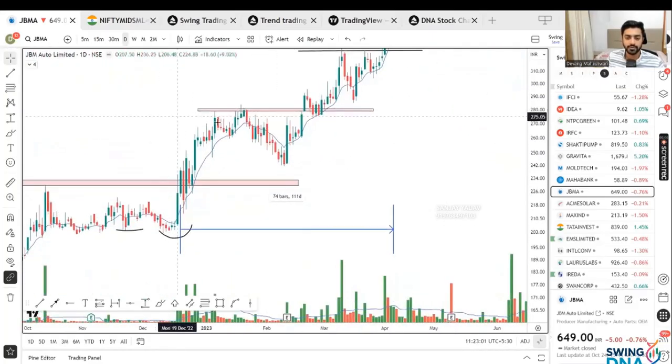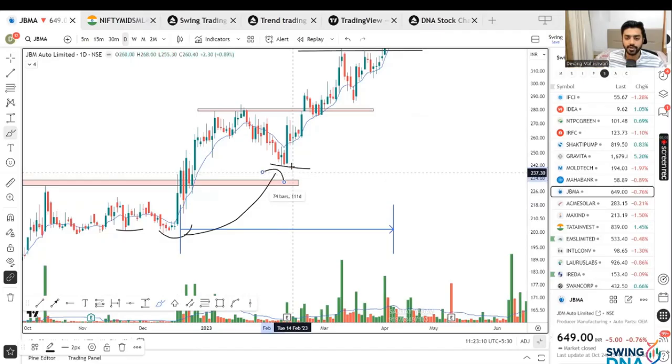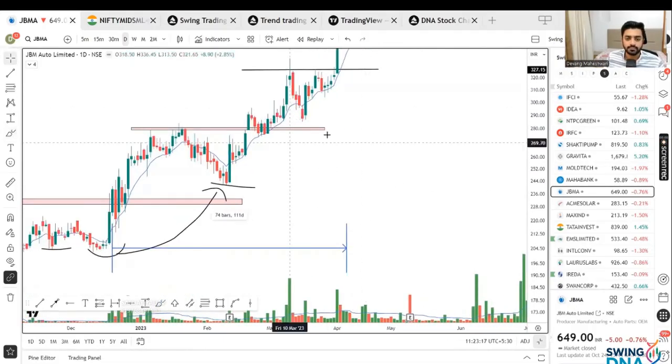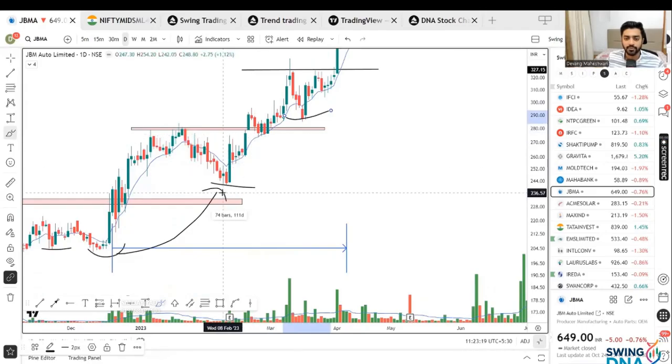Look at this one. This is above 10, here below 10. We will compare this to this then. It's a higher low. Here again it went down, it's a higher low.